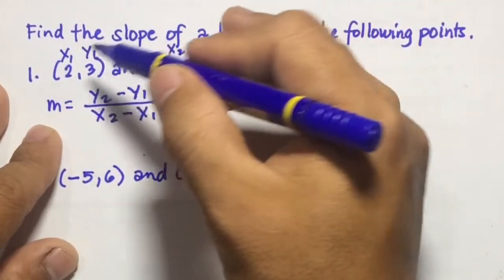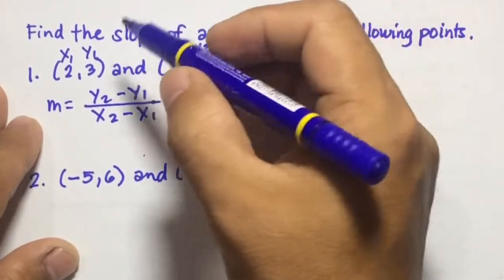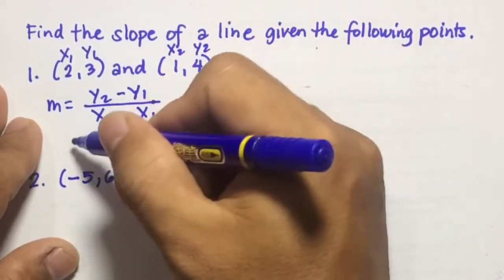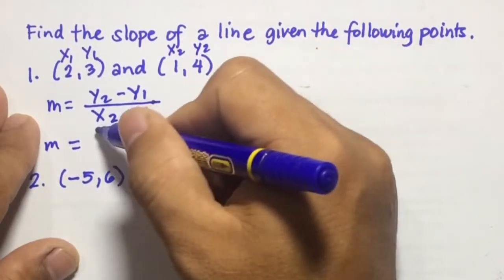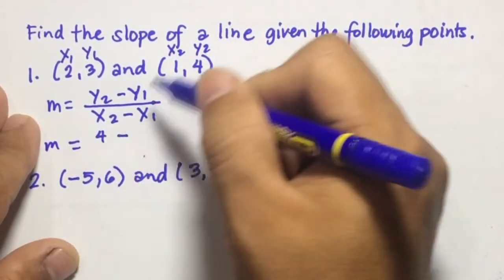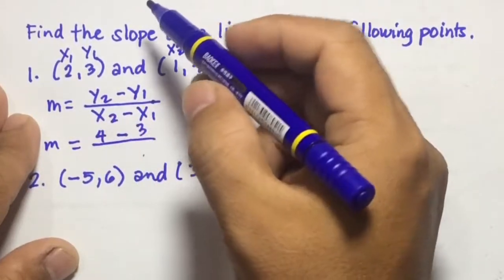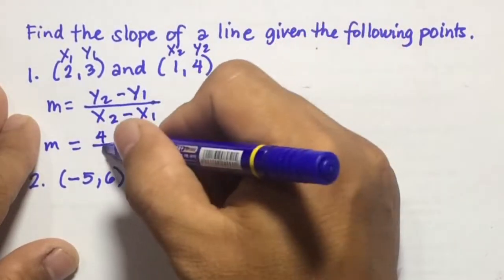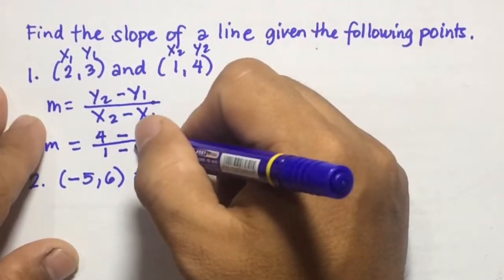And after assigning the values of x sub 1, y sub 1, x sub 2, y sub 2, we are going to substitute these into the formula. So we're going to have here m equals y sub 2, which is 4, minus y sub 1, which is 3, divided by x sub 2, 1, minus x sub 1, 2.